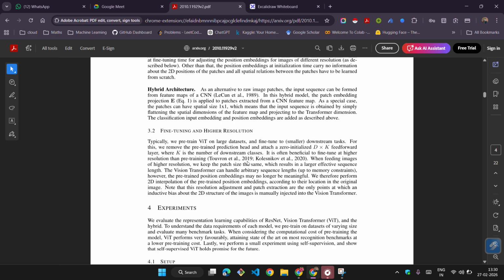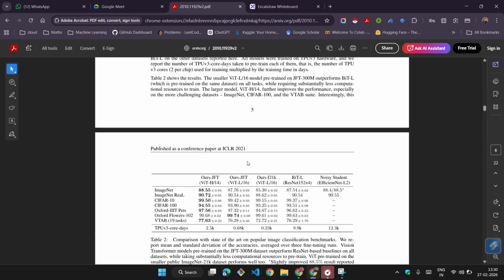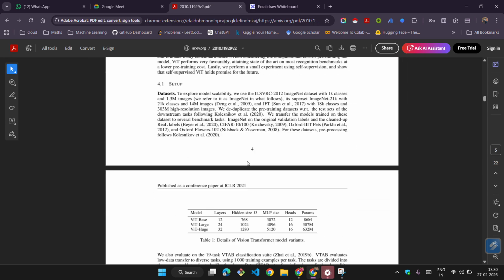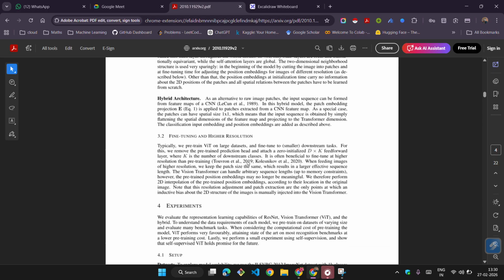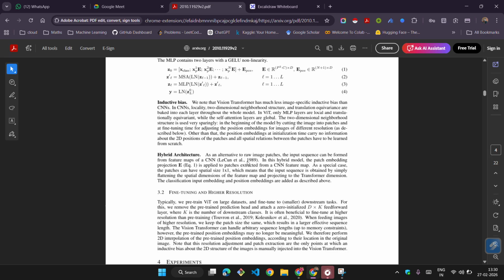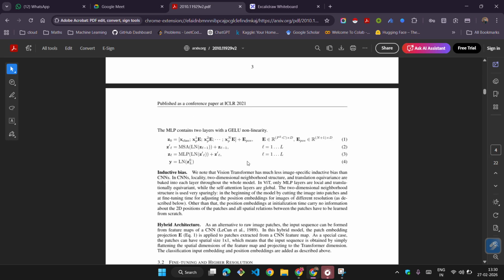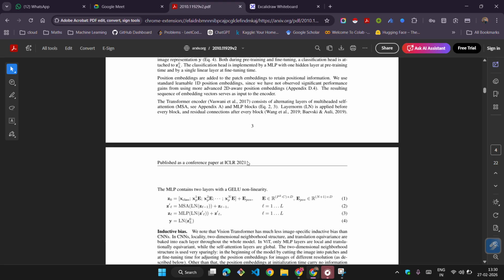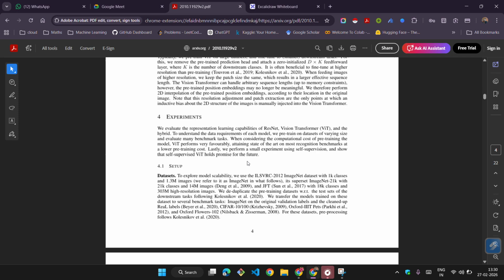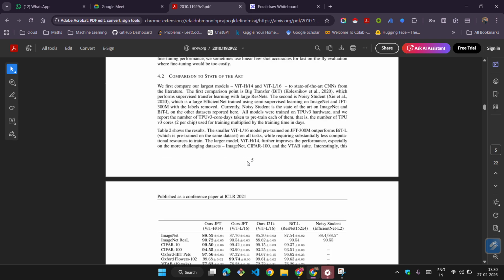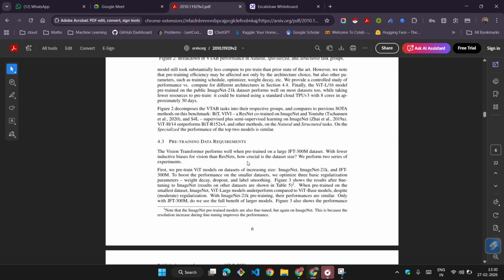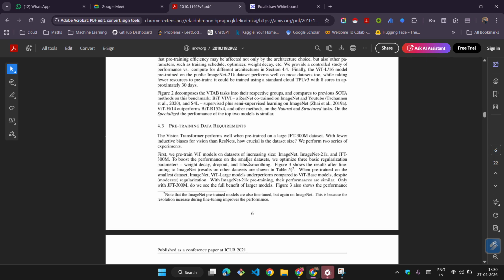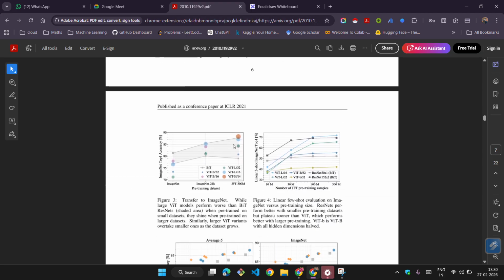So this is the method and setup they have used for the vision transformer. It is not much needed unless you want to go deep into the convolutions, but from this perspective, it's fine to just see the architecture diagram and explanation.